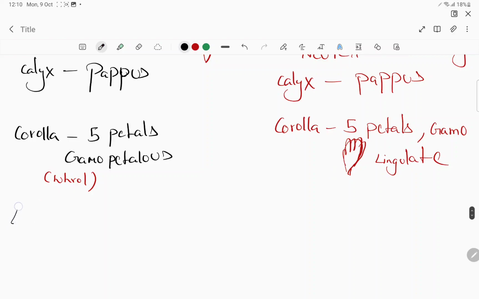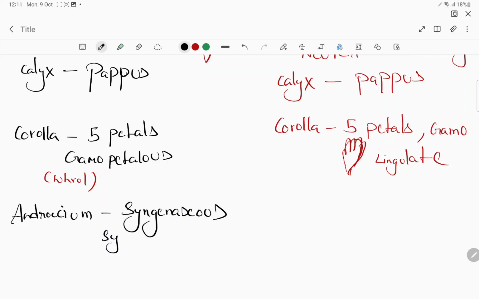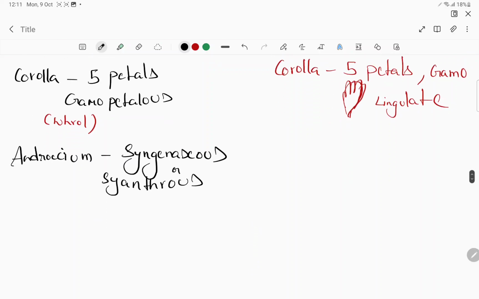Coming to the next thing, androecium. Very interestingly, it has a special feature: syngenesious, or you can also call it synanthous, which means the anthers are fused and the filaments are free.